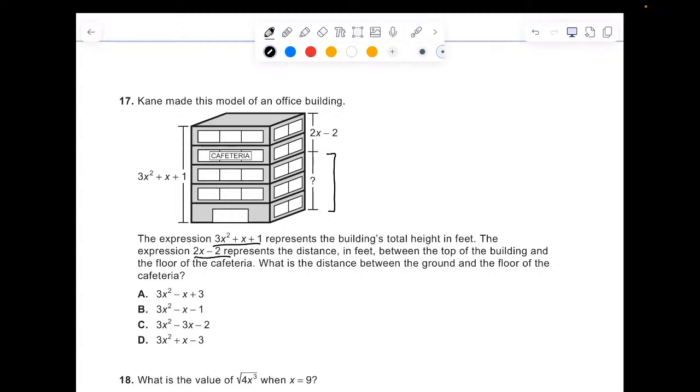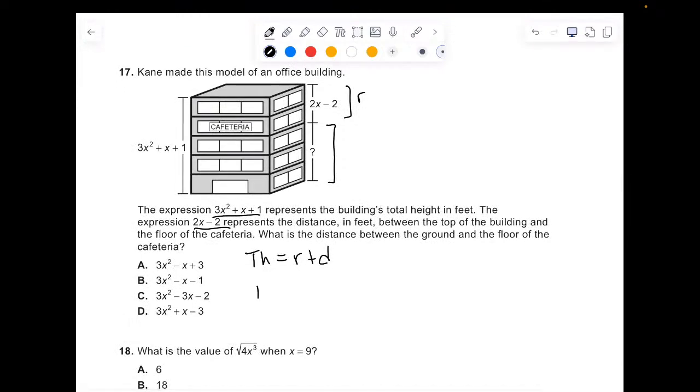Okay. So we have the total height. So total height is going to be equal to, let's just say this is like a roof. I know it's not, but it's the roof. Plus some distance.